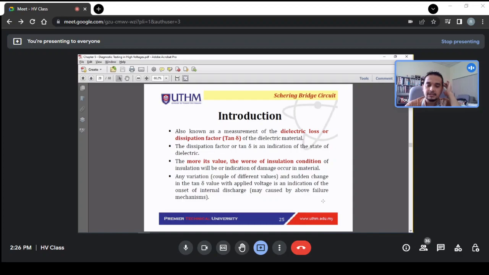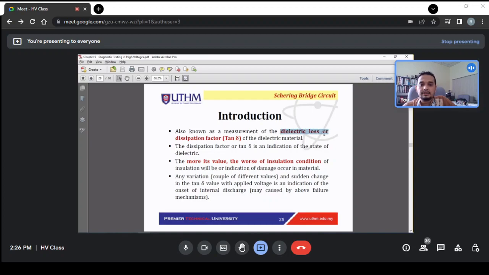This circuit is what we call the tan delta test. Tan delta, also known as dielectric loss, or also known as dissipation factor.